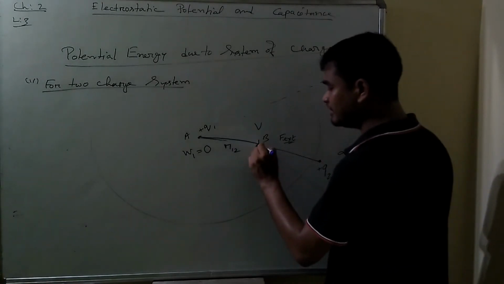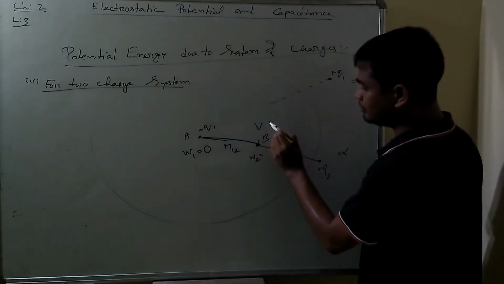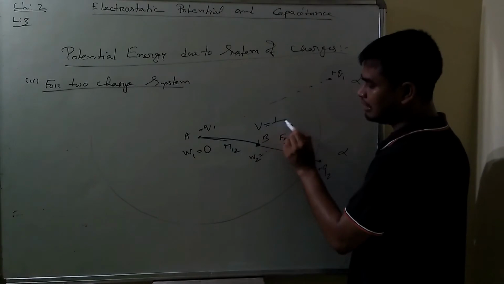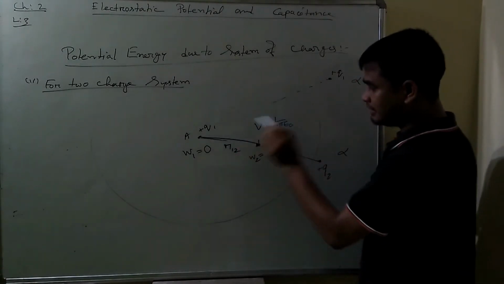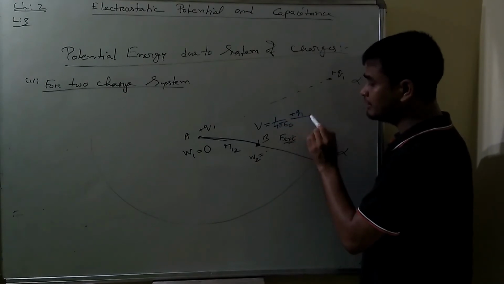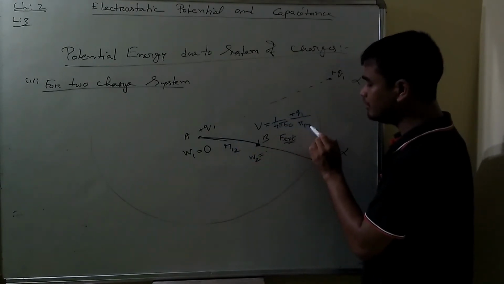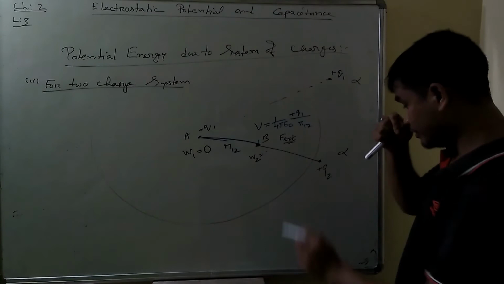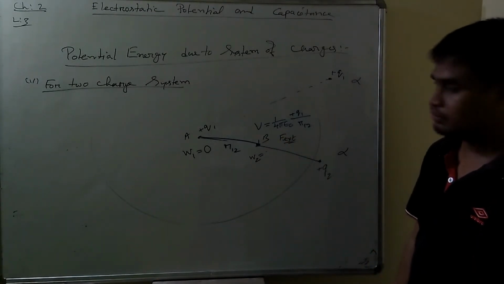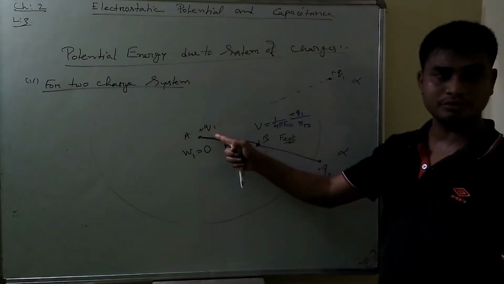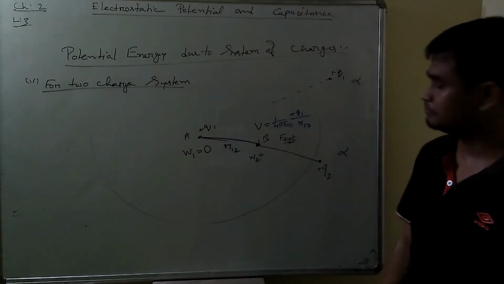How much potential will be there at this point? The potential will be equal to 1 by 4 pi epsilon naught, test charge, that is plus Q1, divided by the distance, that is R12. This is the potential at point B due to charge Q1.